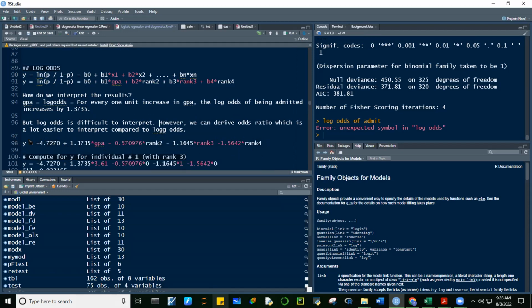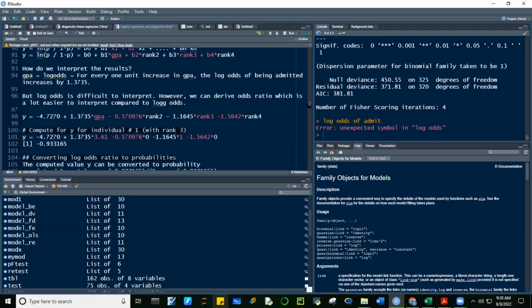Ang nangyari dito is kinonvert natin. Let's continue first, we're going to learn how to interpret this. Log odds is difficult to interpret. However, we can derive the odds ratio, which is a lot easier to interpret compared to the log odds.